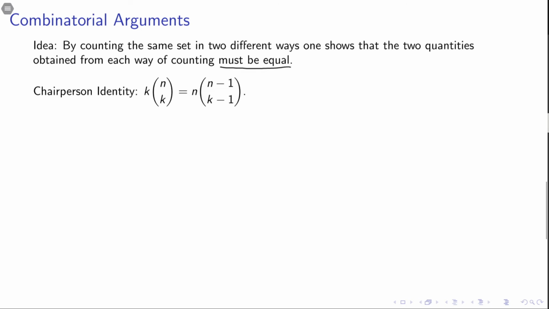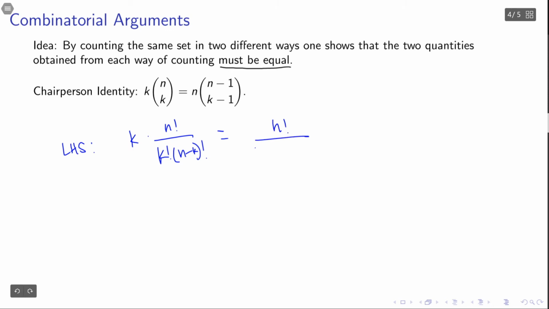And, well, as you'd expect, we can definitely do this using algebra, right? The left-hand side is K times N factorial over K factorial times N minus K factorial. And the K cancels with the K down here, leaving us with N minus 1 factorial N minus K factorial.